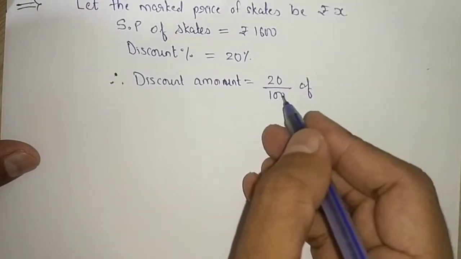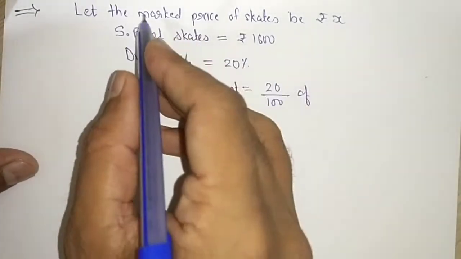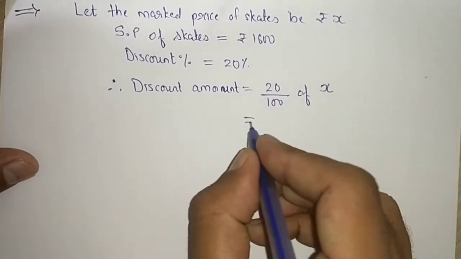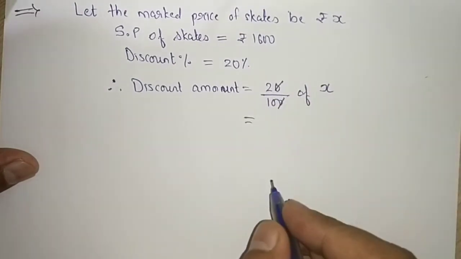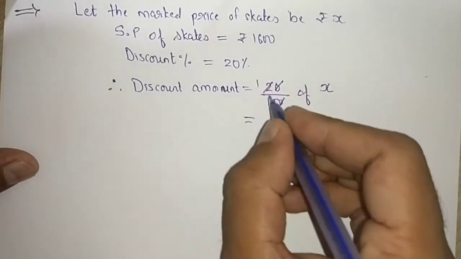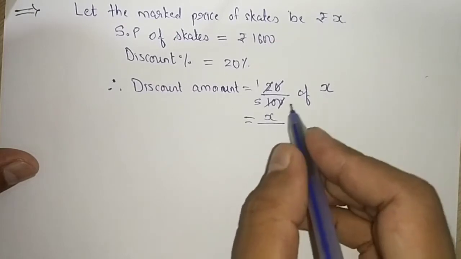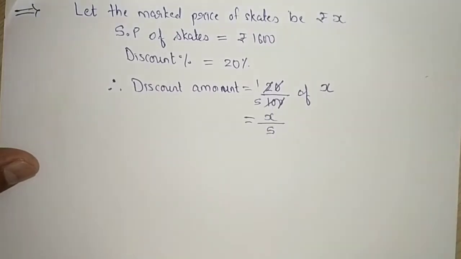Definitely 20 percent of marked price, and we have taken marked price as X. The 0 will cancel out, 2 ones are 2 and 2 fives are 10, so we get X divided by 5. This is our discount amount.